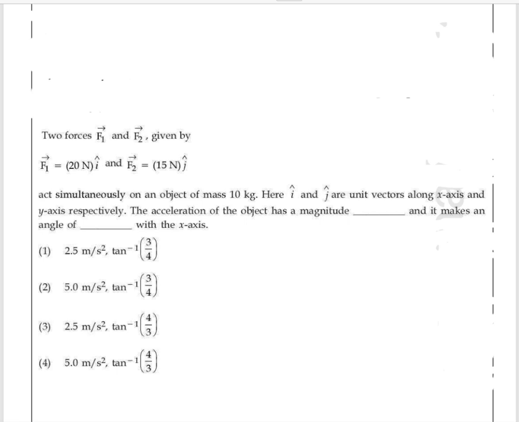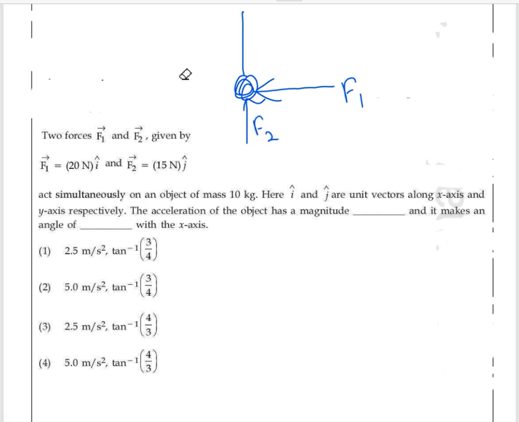Let this be our object. One force is acting along the x-axis, which is F1. Another force is acting on the object towards it, which will become F2.